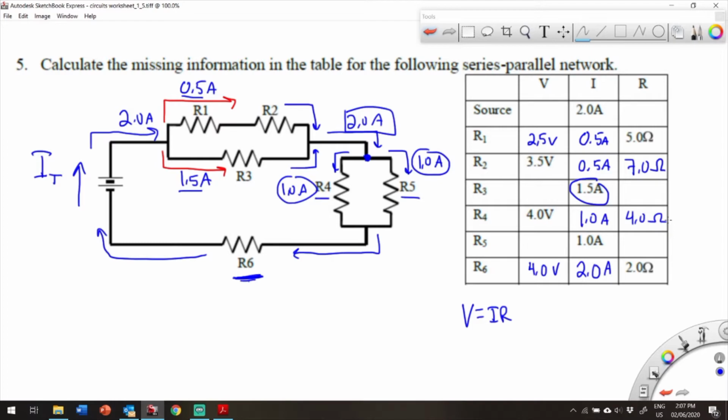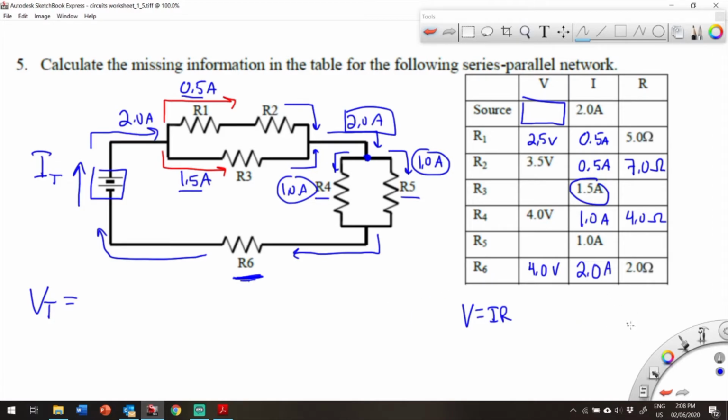For R5, we don't have anything, so we'll leave that for now. We've almost figured everything out. The last thing is to figure out one of these voltages, the total voltage. Here we'll use Kirchhoff's voltage rule, which states that the total voltage in a circuit equals all the voltages in one path.